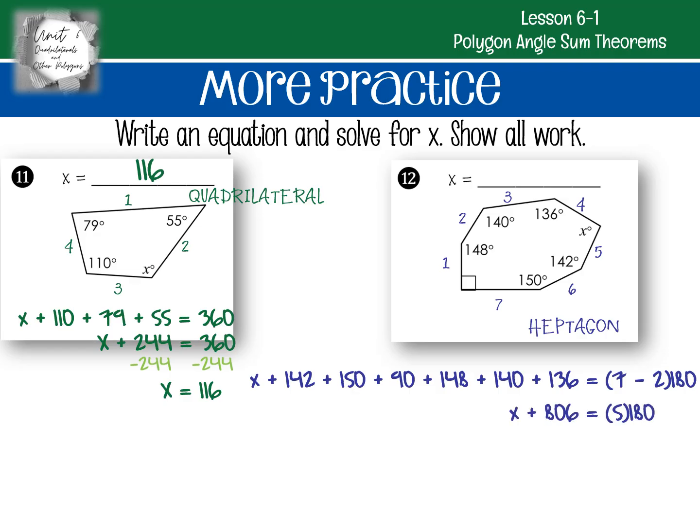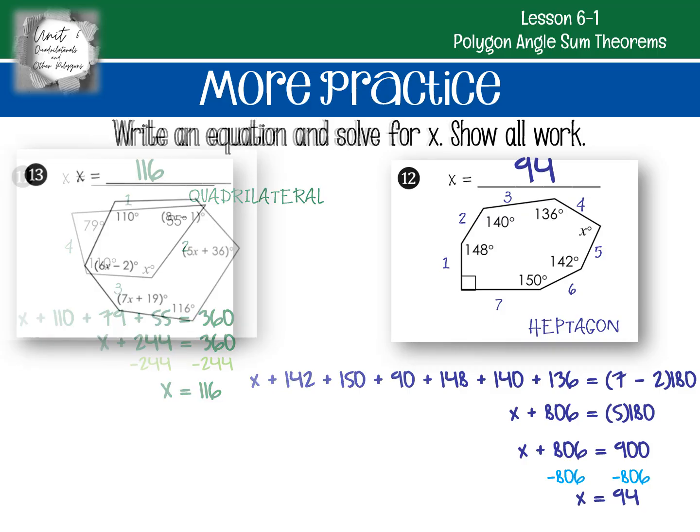Combine like terms. We get x plus 806 equals 5 times 180. x plus 806 equals 900. Subtract the 806 on both sides. x is 94. So final answer, number 12, x is 94.